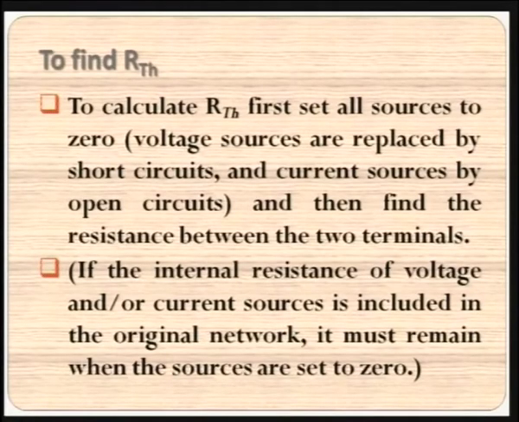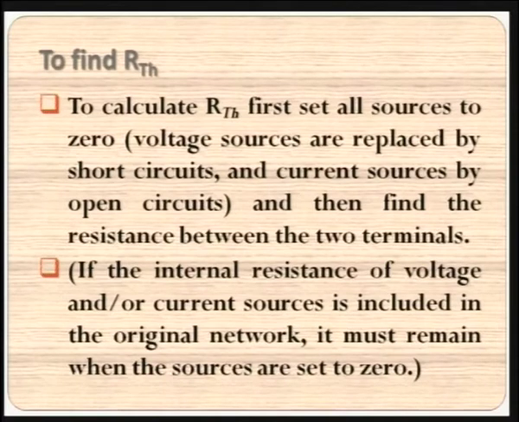For that, what is the condition? Let us see. To calculate the RTH, first set all sources to 0, that is, the voltage sources are replaced by short circuits and the current sources by open circuits, and then find the resistance between the two terminals.